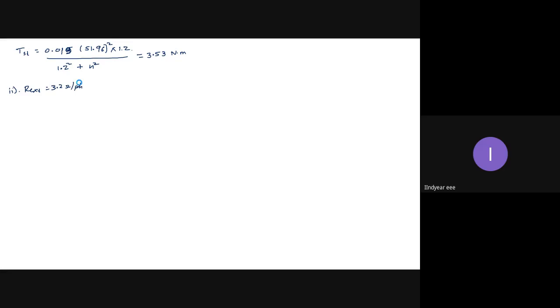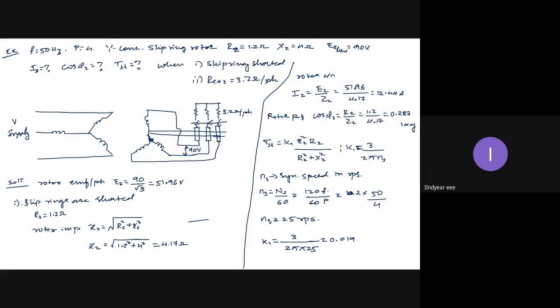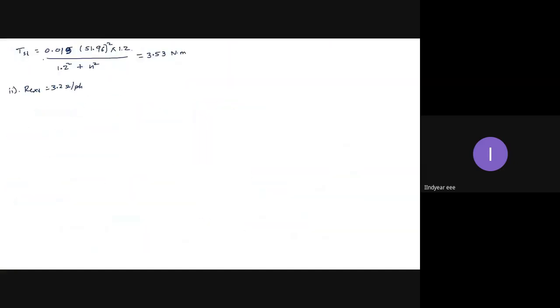So when I am adding the external resistance to the rotor circuit, my rotor resistance per phase will be R2 equal to 1.2 plus R external, so this is 1.2 plus 3.2. So this is 4.4 ohms. R2 now is 4.4 ohms.